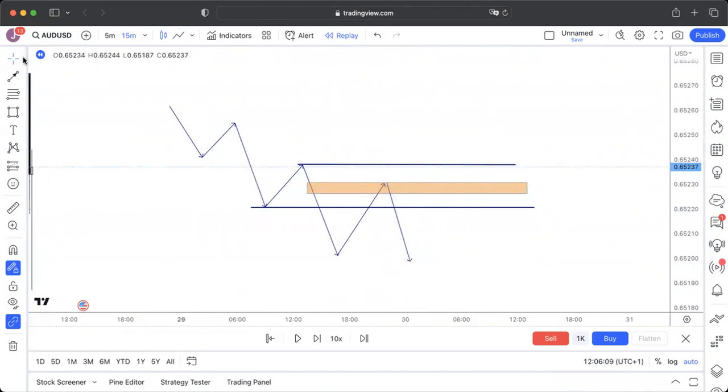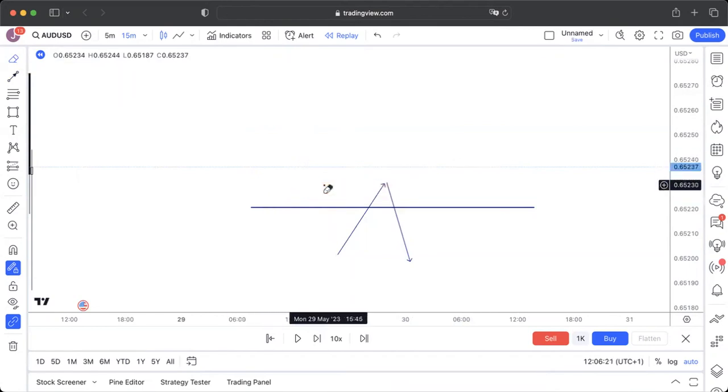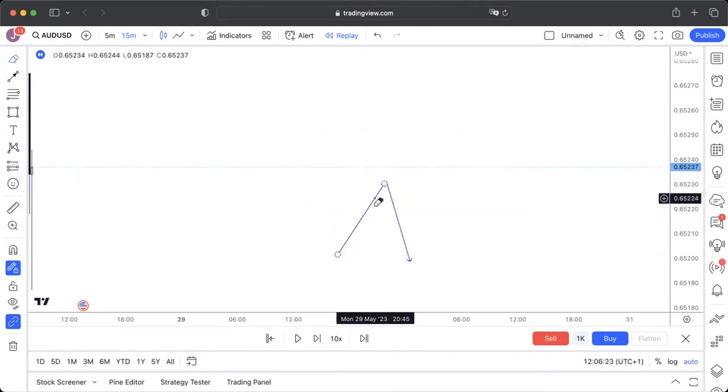So that is a quick recap on how structure works and why we have deep test zones.